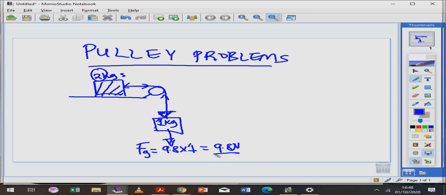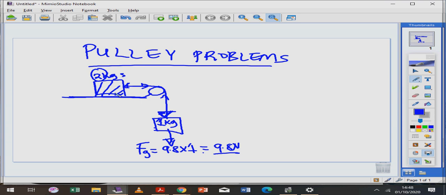So ask yourself, is a force of 9.8 newtons able to pull a mass of 2 kilograms without any friction? The answer is yes, the system would move if there was no friction. But even if there was friction, this force is bigger than this mass, so the object would still move.